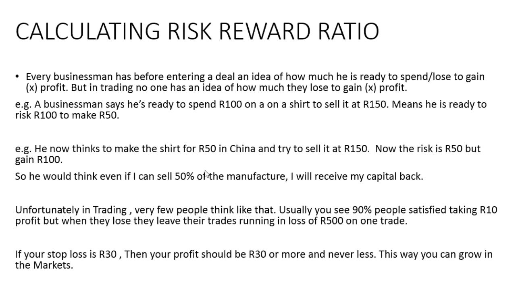In the second scenario, the man is making the shirts for 50 rand and selling at the same price, which is 150. Now he's risking 50 rand to gain 100 rands. So he would think, even if I can sell 50% of the manufacture, I will receive my capital back.